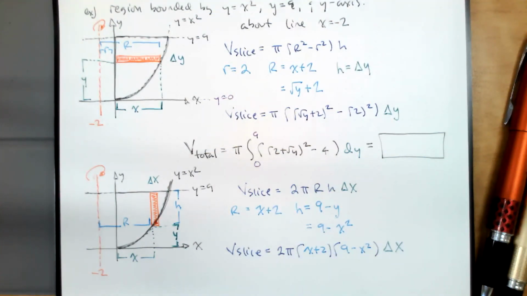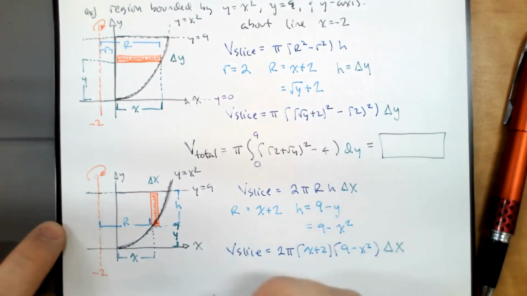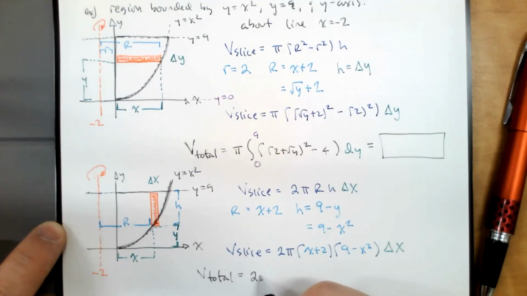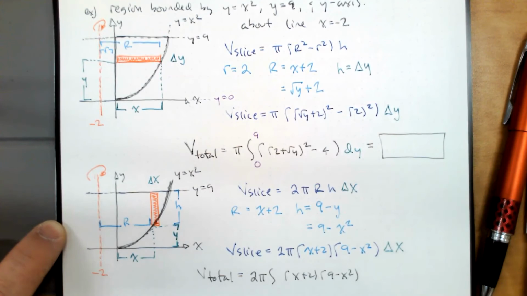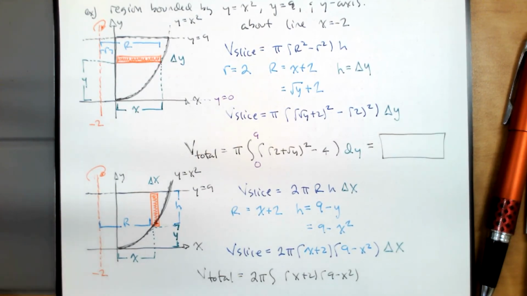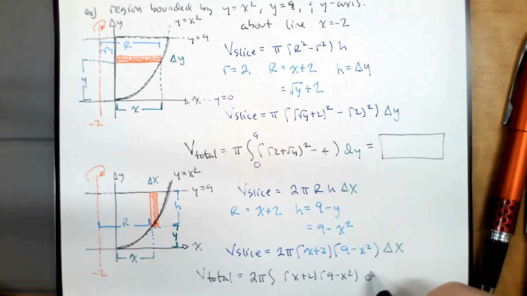So now when we go to write the total volume, I'm going to factor out the 2 pi. And we're going to integrate x plus 2 times 9 minus x squared. I suppose that we could multiply that out, but we know that we're just going to be punching this into a calculating machine. So let's just punch that in. Let's not put any more algebra between us and what we want.